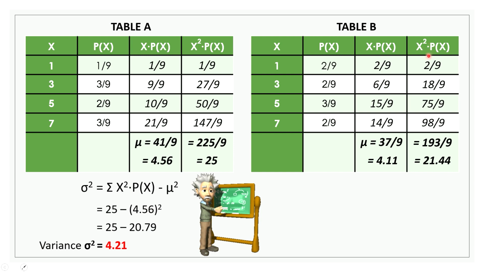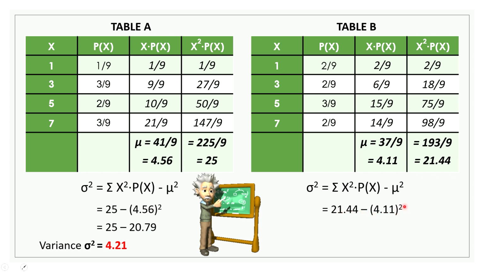So makukuha na natin yung value ng ating variance. So upon using this formula, sigma squared is equal to summation of x squared multiplied by p of x minus the mean squared. So yung value ng ating summation of x squared multiplied by p of x is 21.44, and then yung value naman ng ating mean ay 4.11. So 21.44 minus 4.11 squared.